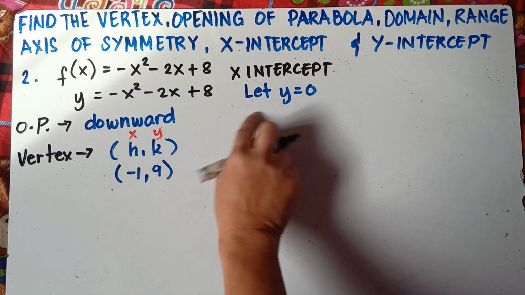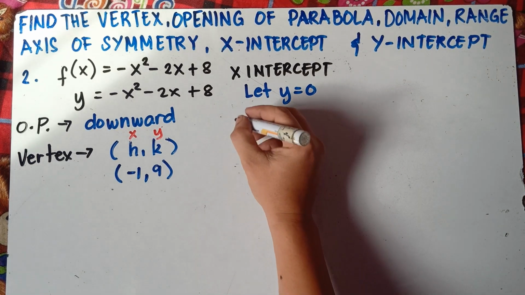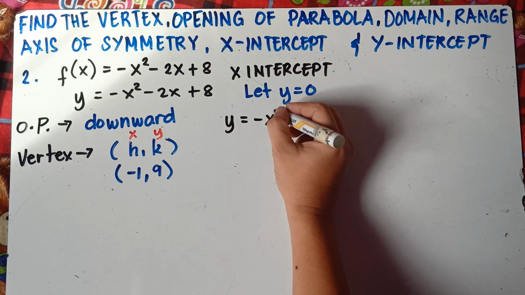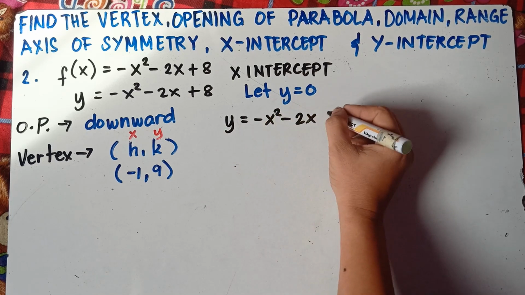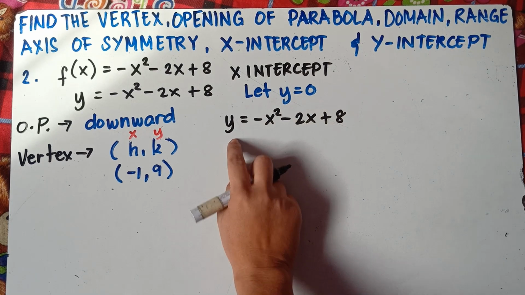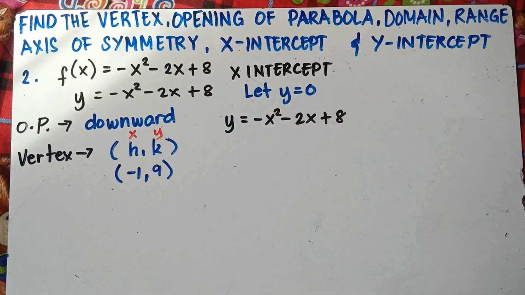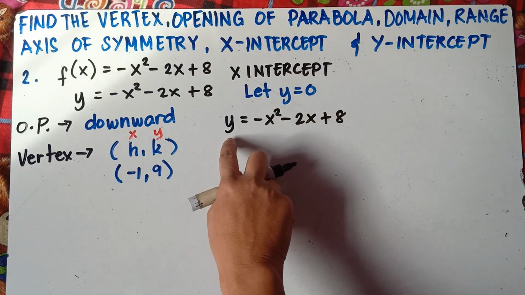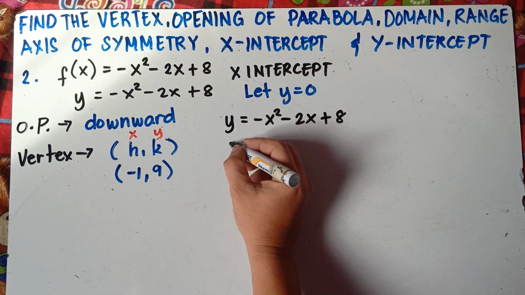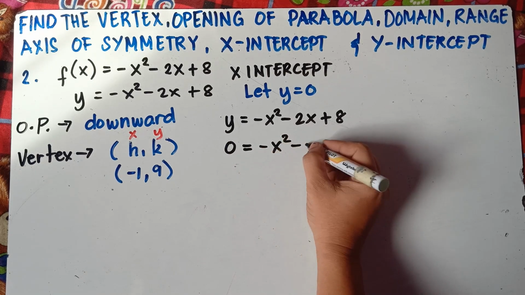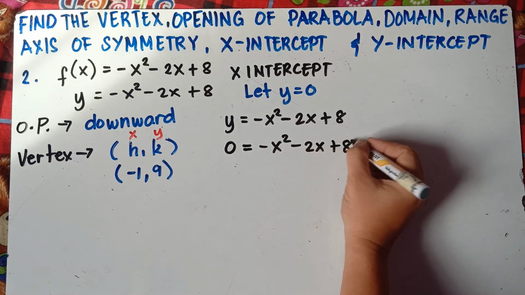So copy the equation, y equals negative x squared minus 2x plus 8. Instead of y, we change this into 0. So this will be 0 equals negative x squared minus 2x plus 8.